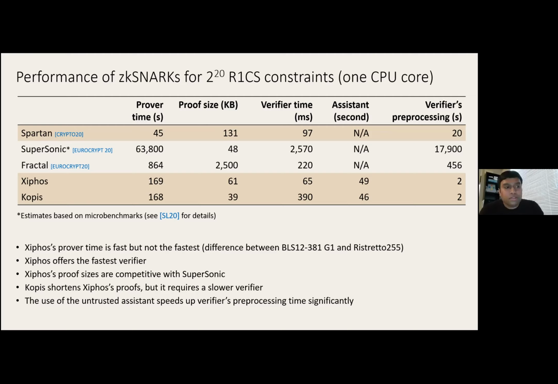Because it looks like a factor of 4 there, and I would expect something like 3 or less. Yeah, so for BLS12-381, we used the blst library. For Ristretto, we used curve25519-dalek with SIMD optimization. Right, and I don't believe the BLS implementation uses SIMD instructions. Okay, that probably explains it. Yeah, that makes sense.